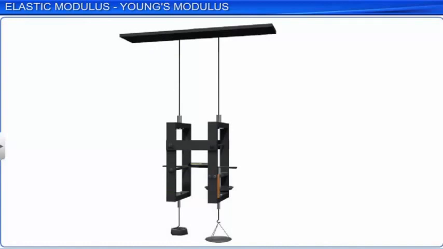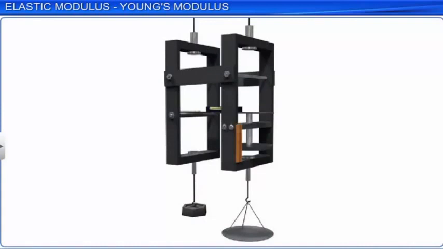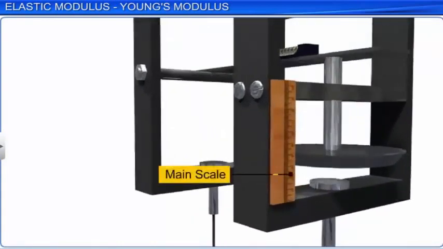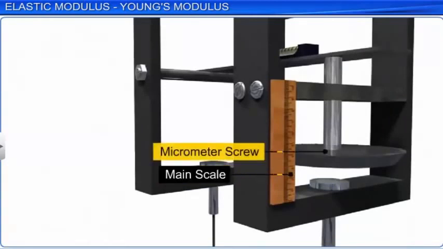As a load is added to the pan on the experimental wire, the wire gets extended and the spirit level no longer remains horizontal. The micrometer screw is moved up to make the spirit level horizontal again, and the new reading is noted.